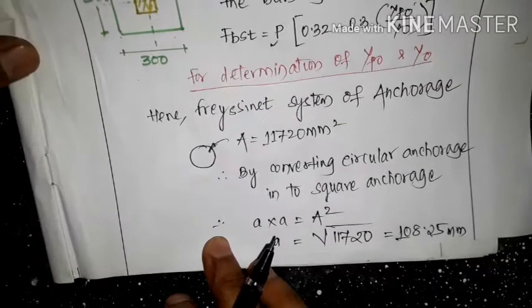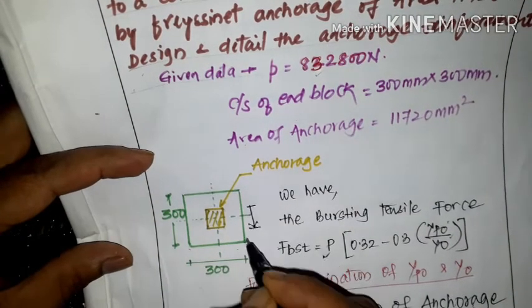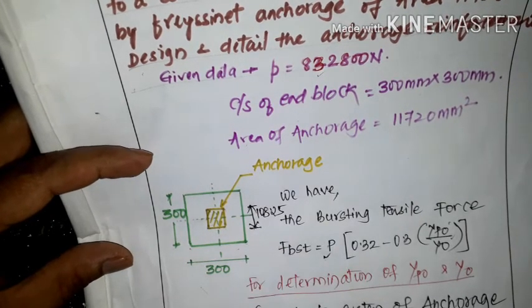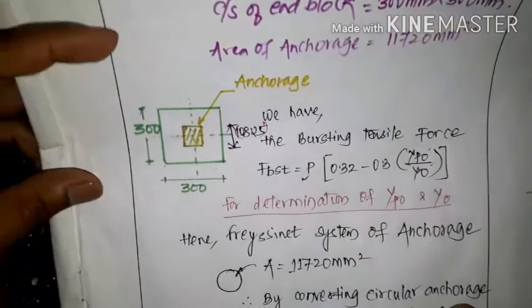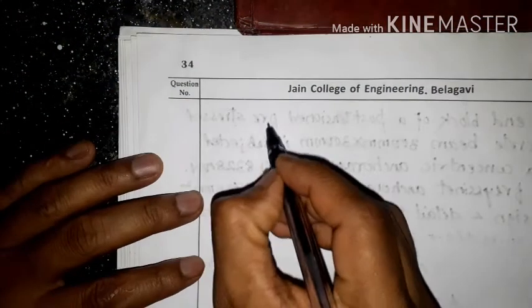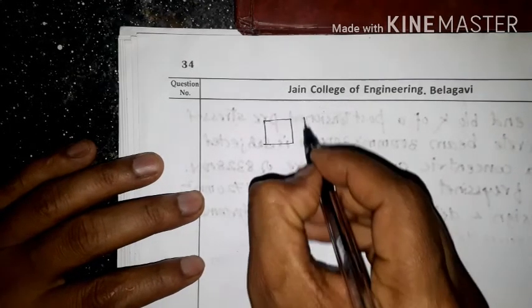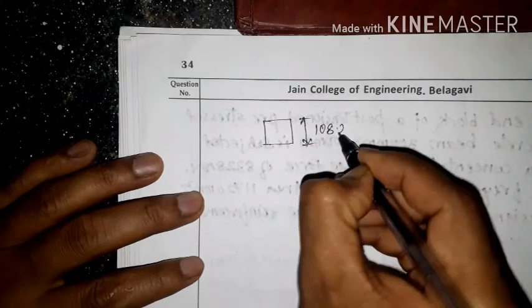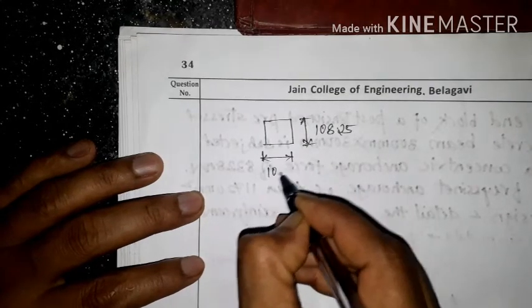So this means the plate is of size 108.25. I'll just redraw here. It is a square plate of size 108.25 by 108.25.